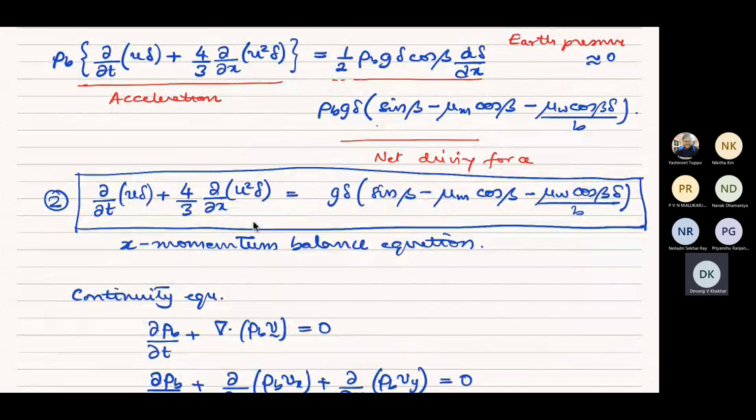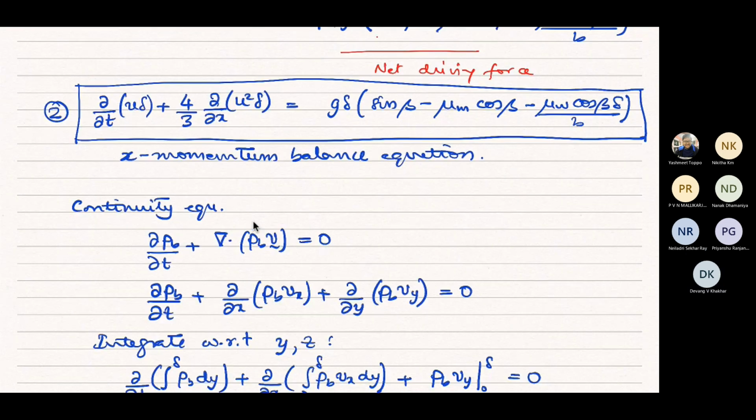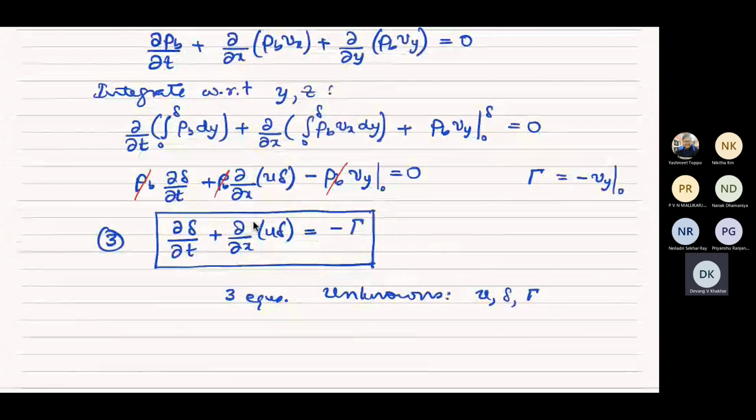And in what follows, I'm going to drop this term. The earth pressure term we'll neglect because d delta by dx is quite small. So that's why you get a much simpler equation. And then we saw that the continuity equation is there. And this is the rate of deposition, that is minus Vy at 0.